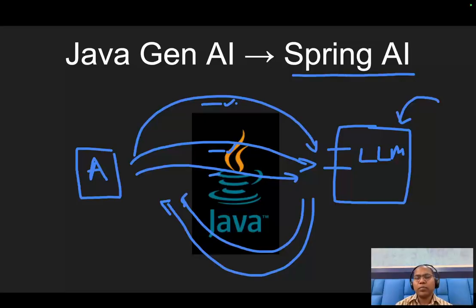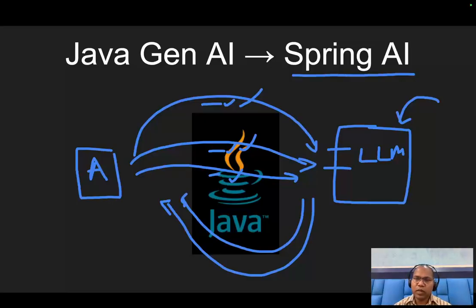Whenever we're building applications, we want our system to be aware of what conversation happened previously, and then what the next conversation was, so that our conversation goes on smoothly without any kind of repetition of questions.